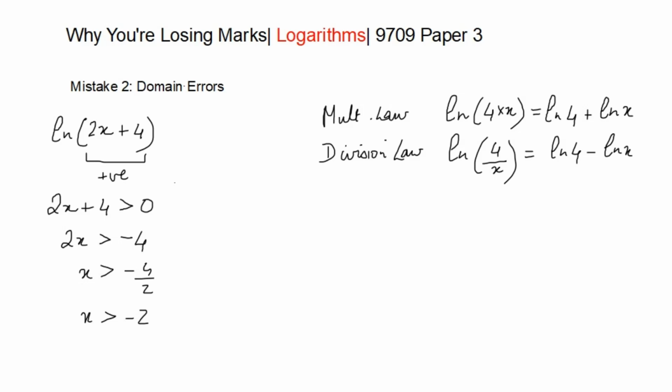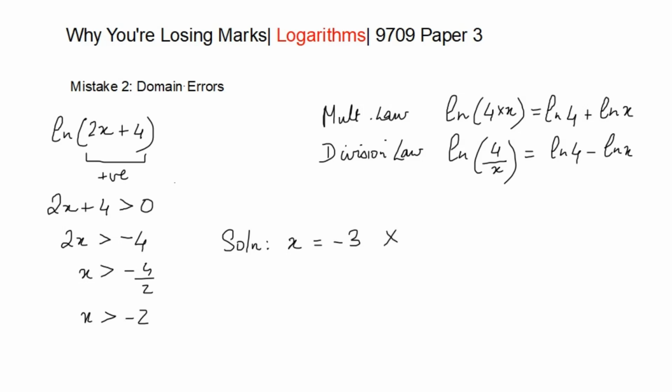Now, let's say you solved an equation involving 2x plus 4 and you found that x was equal to negative 3. You need to be aware that since our domain told us that x has to be greater than negative 2, this is an invalid answer. And therefore, it must be discarded.